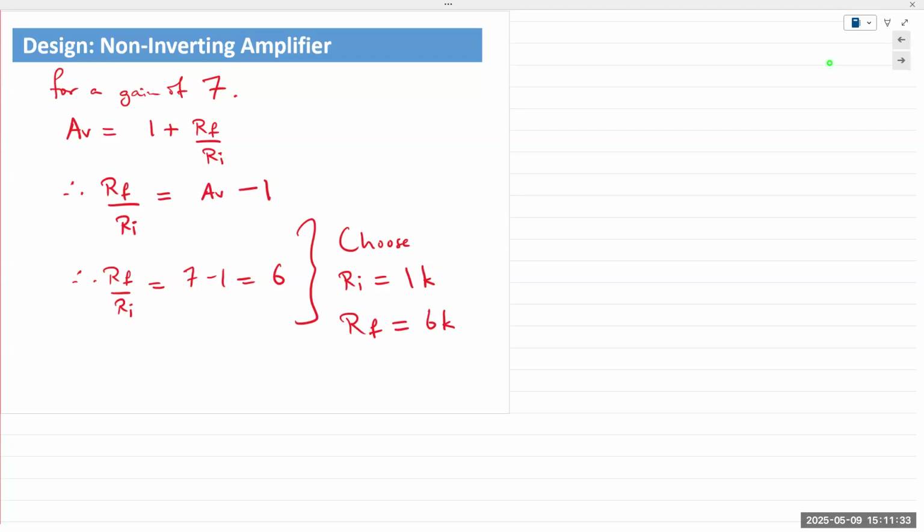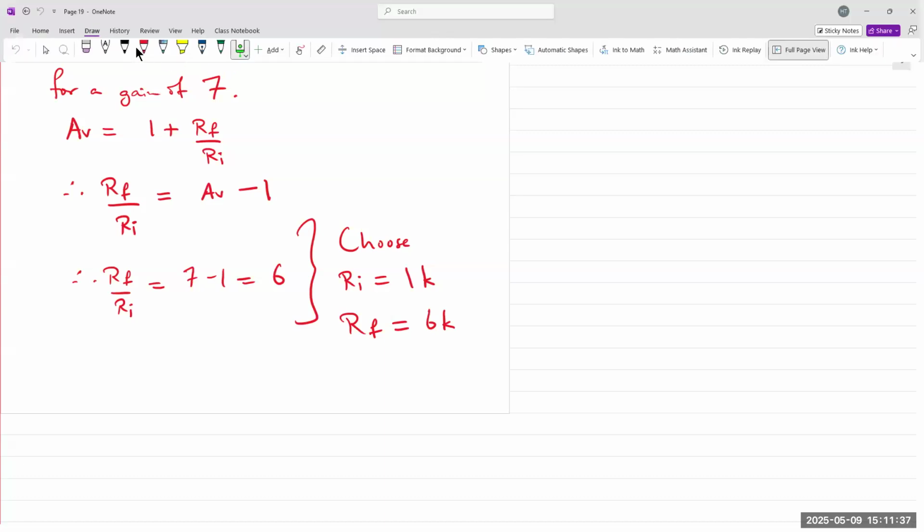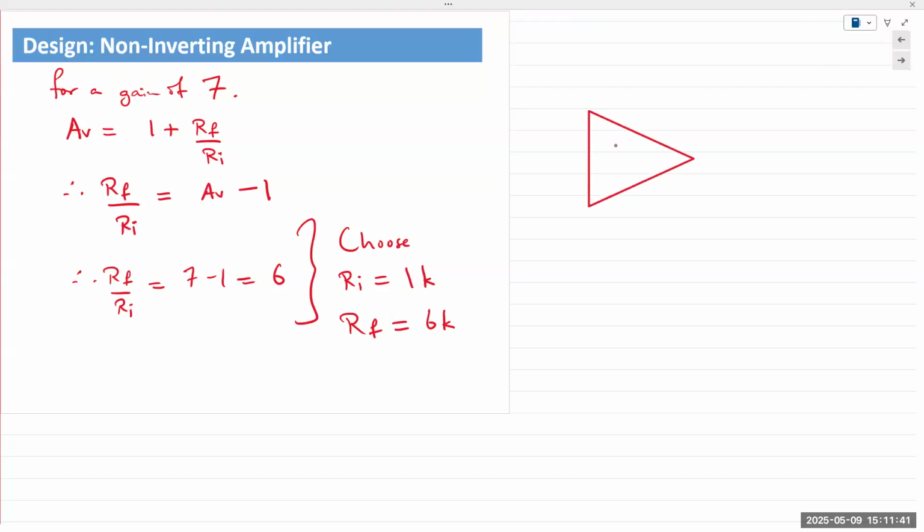Whether it's an inverting or a non-inverting amplifier, and we're talking about design, we always have to keep the power supply limits in mind. So this is plus VCC and minus VCC.